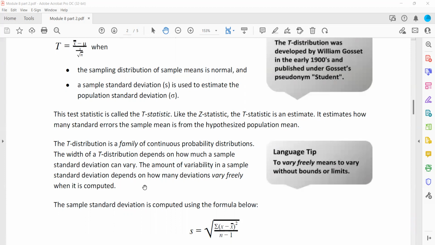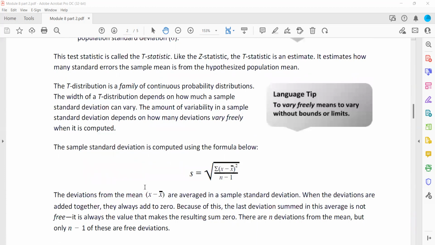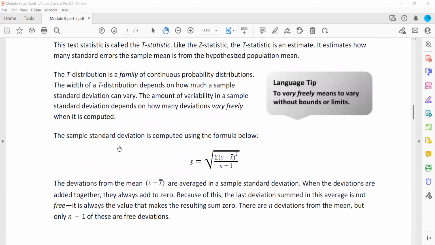So we need the degrees of freedom, which is n minus 1. The sample standard deviation is computed using the formula s equals the square root of the sum of (x minus x bar) squared divided by n minus 1. Remember that x minus x bar is the deviation from the mean. Well, the degrees of freedom equals n minus 1.